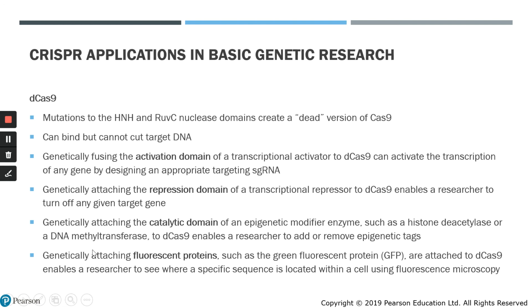Additionally, dCas9 can also be modified to attach fluorescent proteins, such as green fluorescent protein. These enable the researcher to see where a specific sequence is located within the cell using fluorescence microscopy, and this can be modified for the use of RNAs as well as DNA sequences.